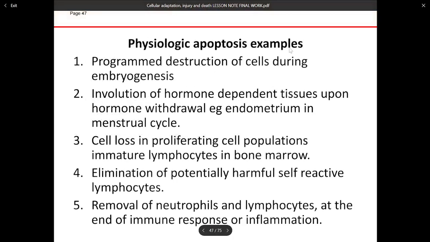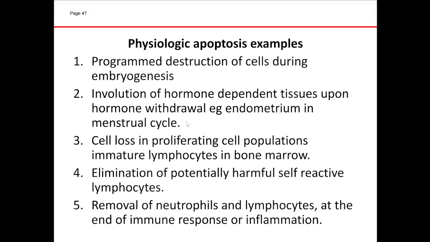Examples of physiological apoptosis include programmed destruction of cells during embryogenesis, and involution of hormone-dependent tissue upon hormone withdrawal, e.g., endometrium in the menstrual cycle. This is self-explanatory, right?